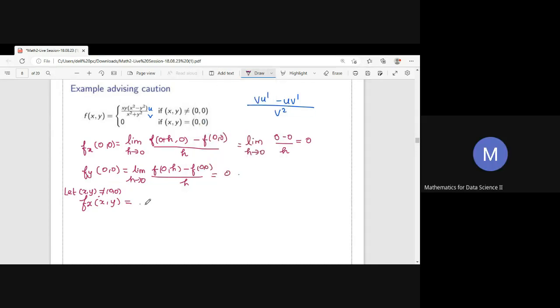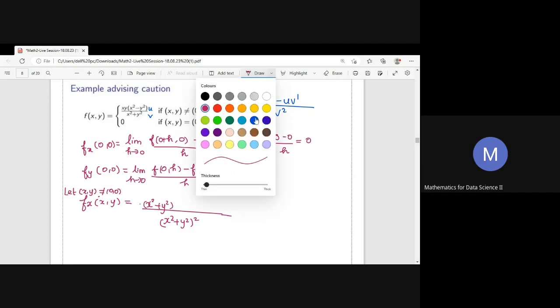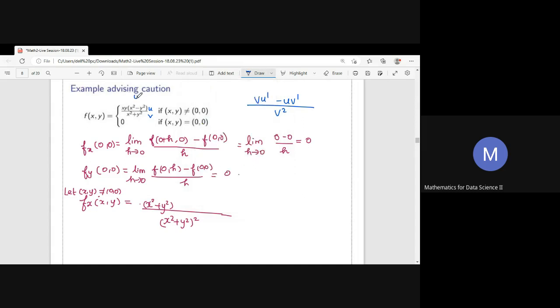So here in the denominator, you will have (x square plus y square) the whole square. Okay, and in the numerator you have x cube y minus x cube y minus xy cube. Before doing this, it is better if we simplify this so that it is easier for calculation.